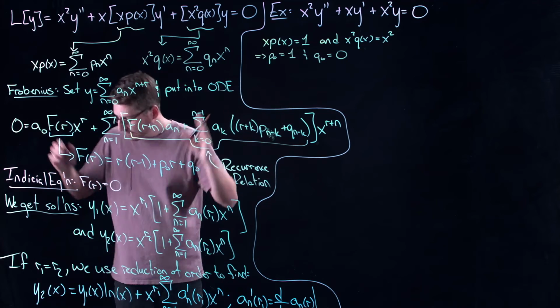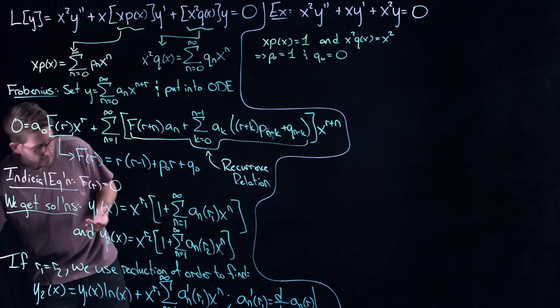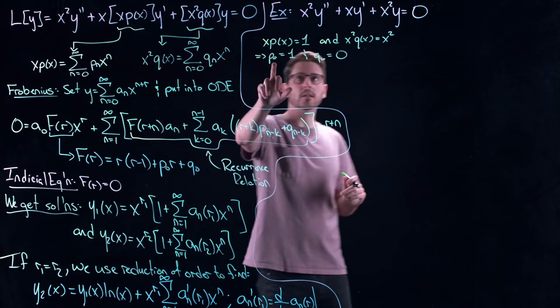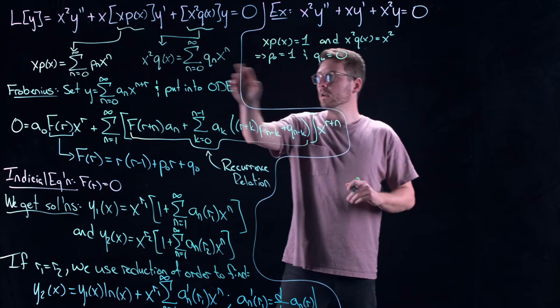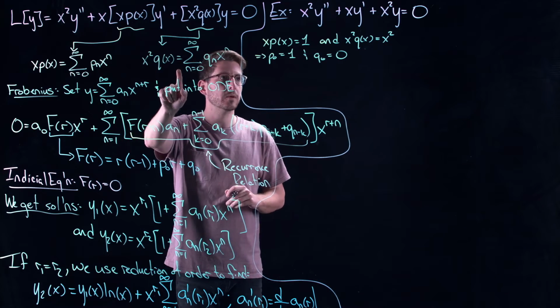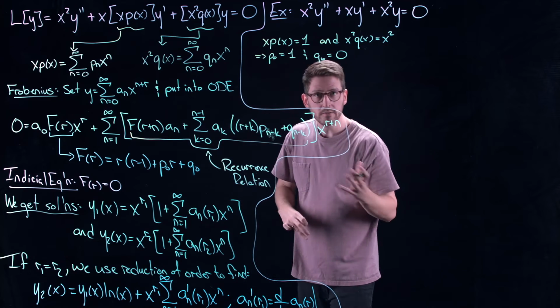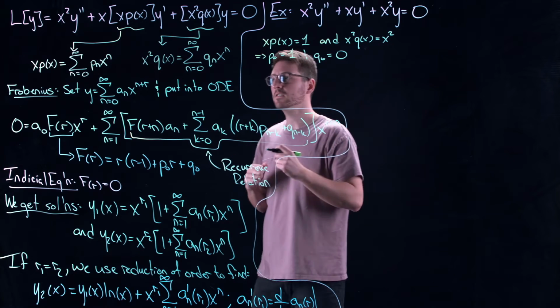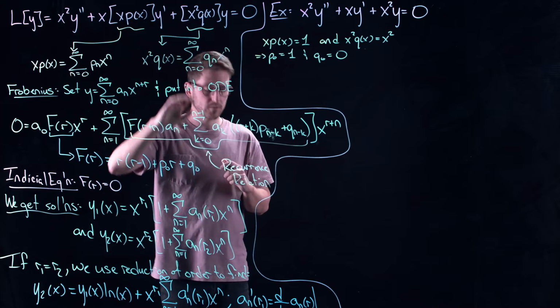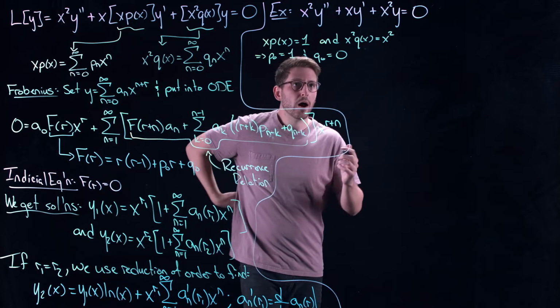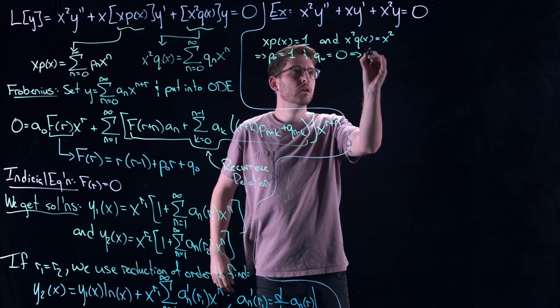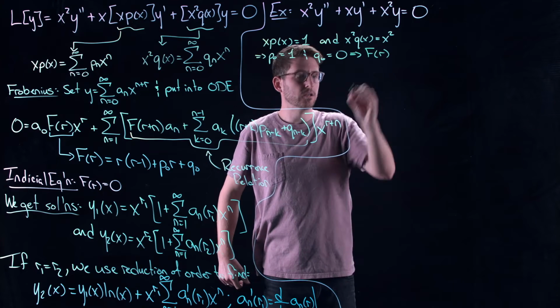Okay? Now, this is, again, very nice, right? So all that I'm doing is taking the limit as x goes to 0, or I could just find the series expansion. These things are polynomials. It's very, very easy. They are analytic functions. I'm just looking for the first term of the series. Now, why is this important? Well, it gives me my indicial equation.